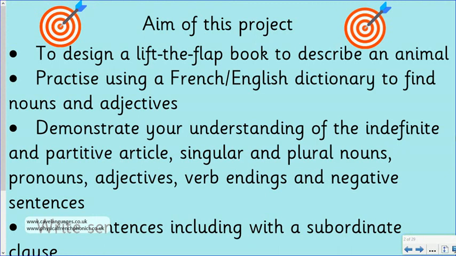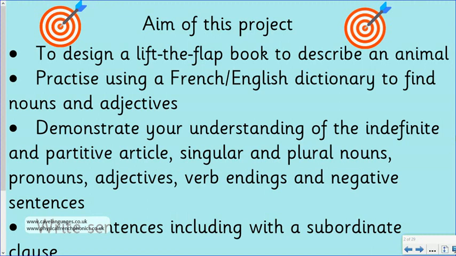You're going to be using a French-English dictionary to find the nouns and the adjectives that you need, and you're going to show that you can understand the indefinite article, that's the word for a, the partitive article, that means some, words for some, that might be new, singular and plural nouns, pronouns, adjectives, verb endings, and making a sentence negative.